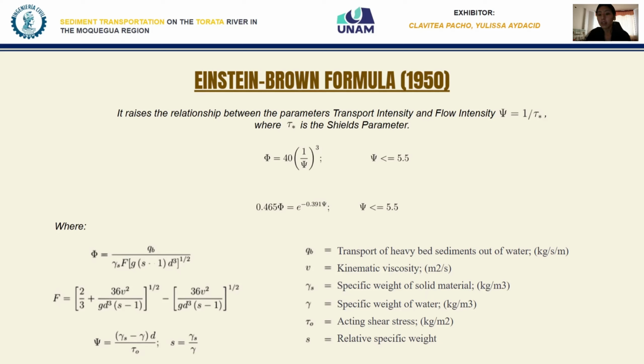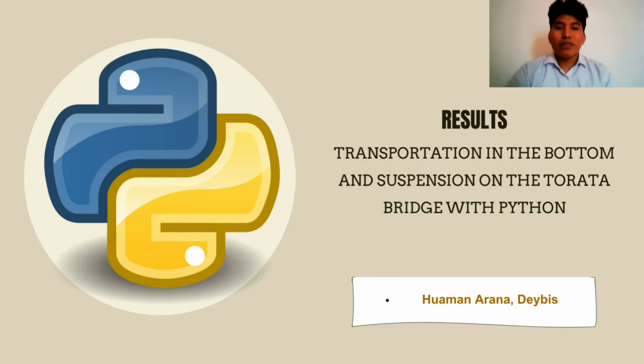Where transport of heavy bed sediments out of water, kinematic viscosity, specific weight of solid materials, specific weight of water, acting shear stress, and a relative specific weight. Result: transportation in the bottom and suspension on the Torata bridge with Python.